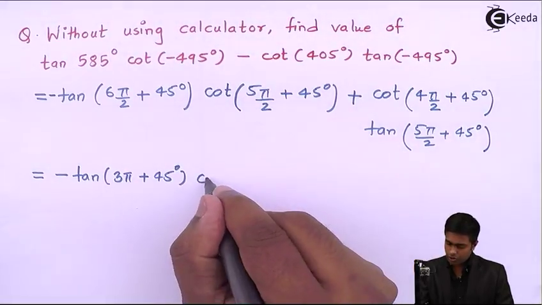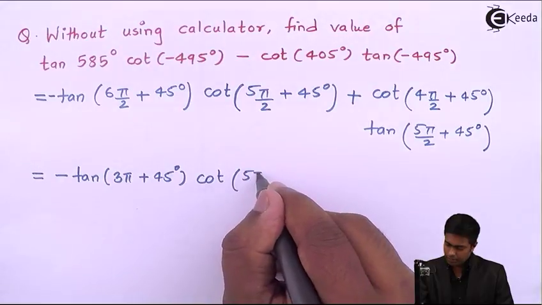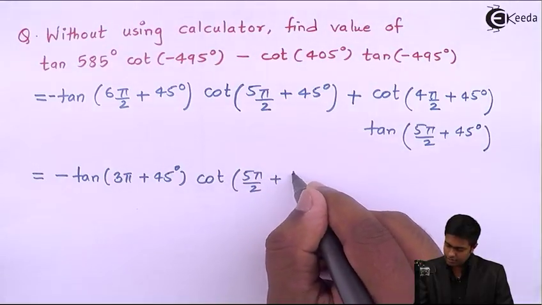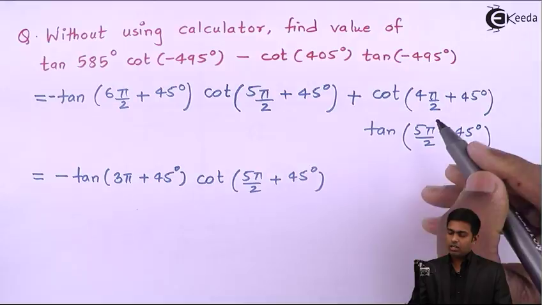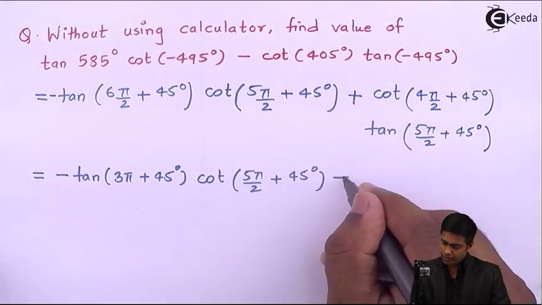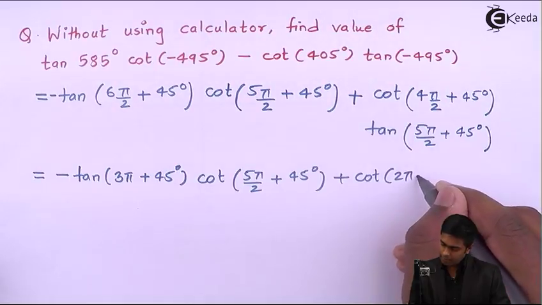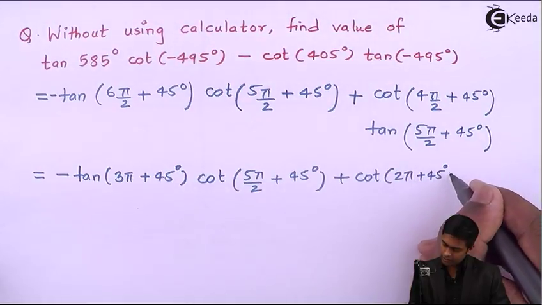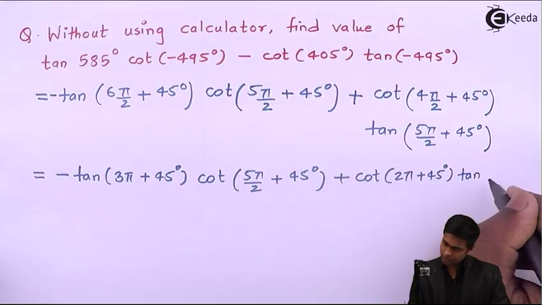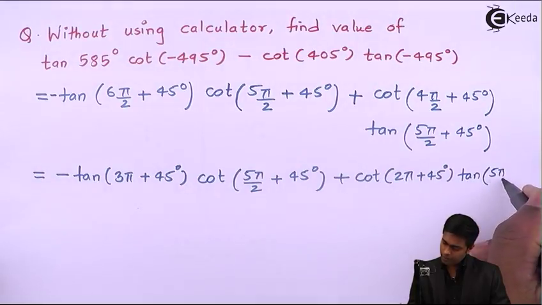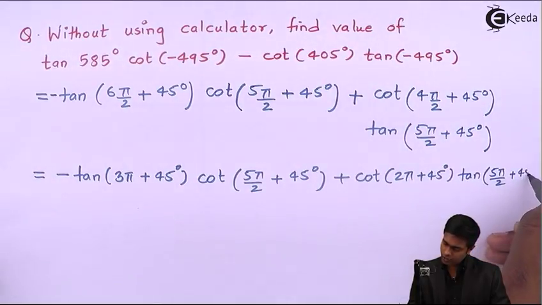Here we will get cot of 5 pi by 2 as it is plus 45 degree. Here we can divide 4 by 2 and we will get cot of 2 pi plus 45 degree and tan of 5 pi by 2 plus 45 degree.